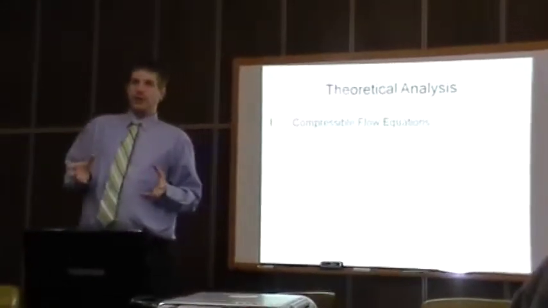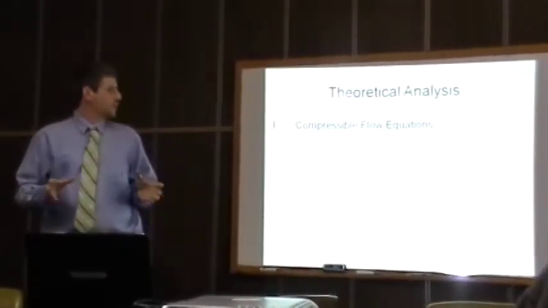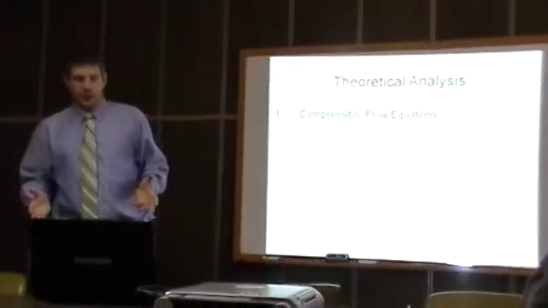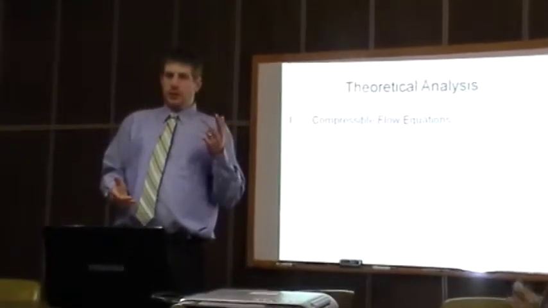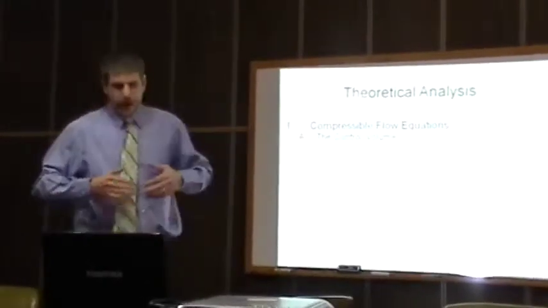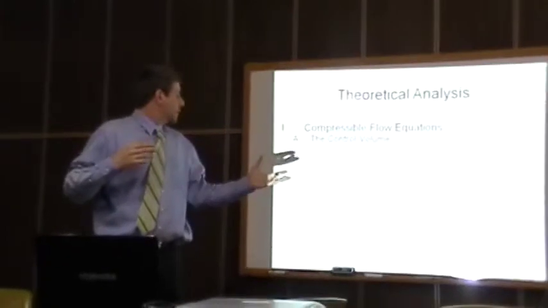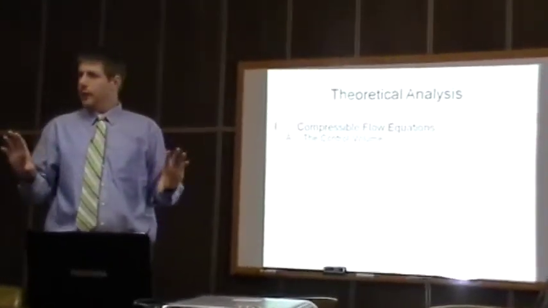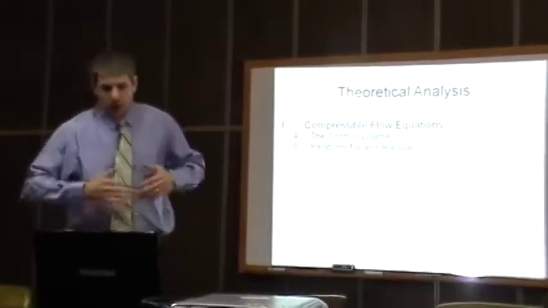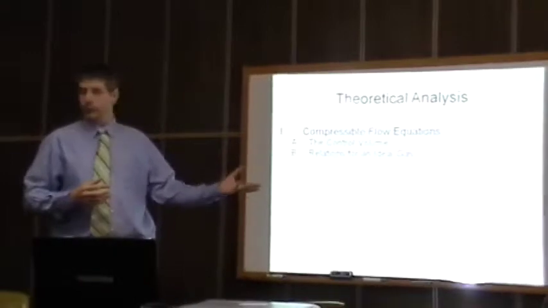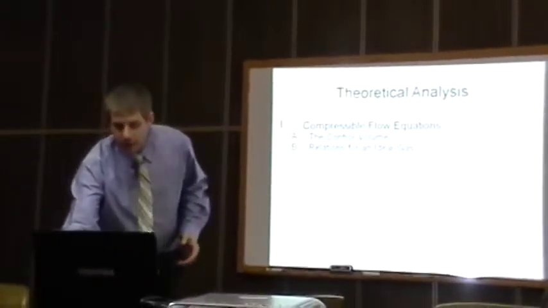So the theoretical analysis that was used to construct the spreadsheet consists of two sets of engineering equations. One set was compressible flow equations, and I'll go through that, starting with the control volume that you look at for general fluid mechanics. Then I'll discuss how we can use that to get relations for ideal gases.